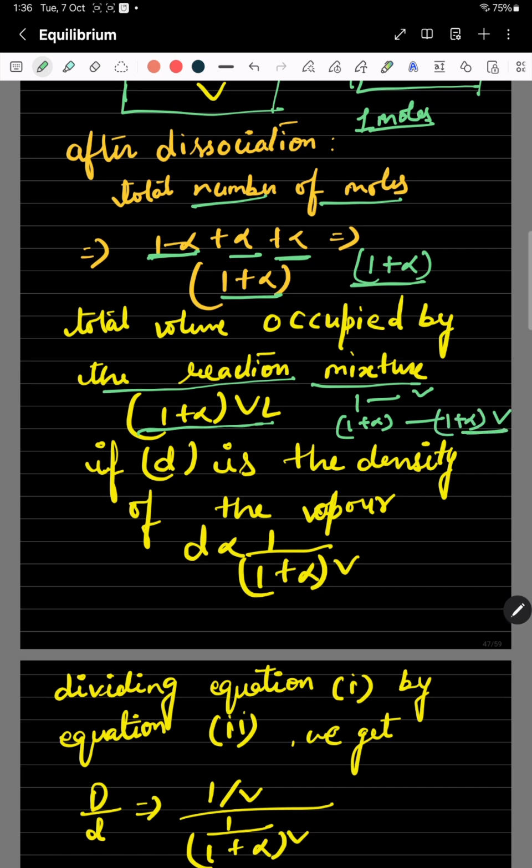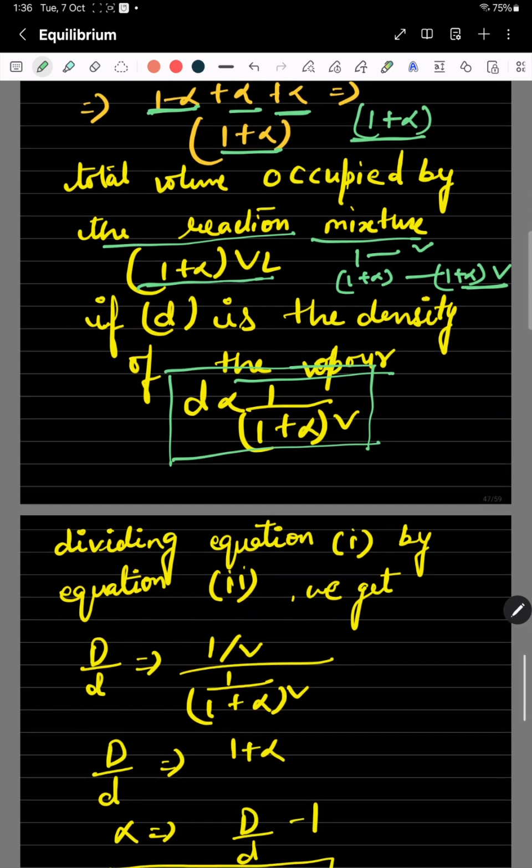If small d is the density of the vapor after dissociation, then vapor density is inversely proportional to the volume. So small d is inversely proportional to 1 by (1 plus alpha) into V.